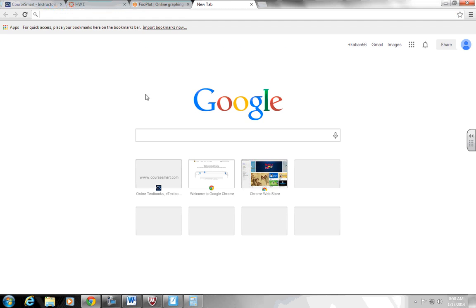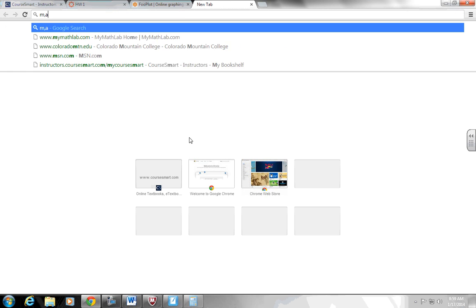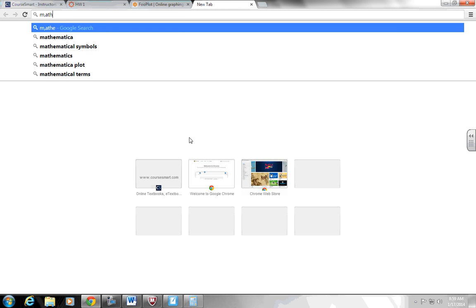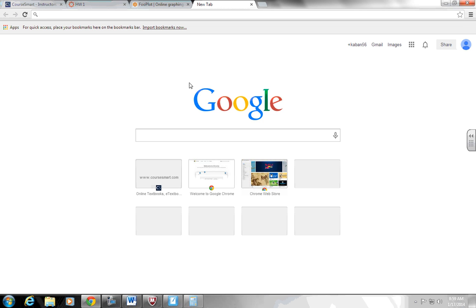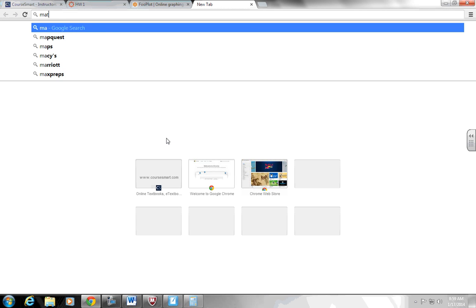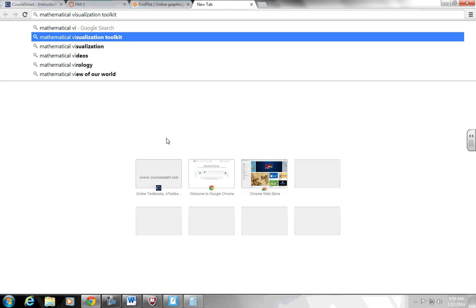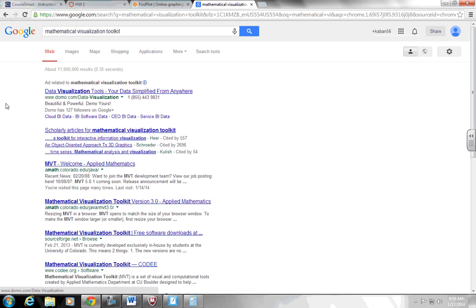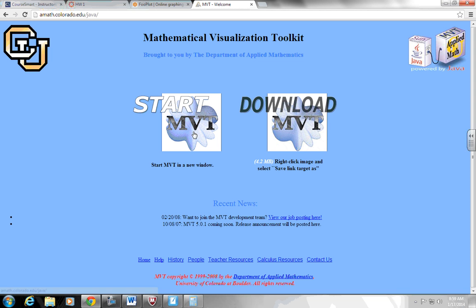There's another awesome tool called Mathematical Visualization Toolkit, and it's a really awesome name because it abbreviates to MVT, and MVT is actually a very famous theorem in calculus.